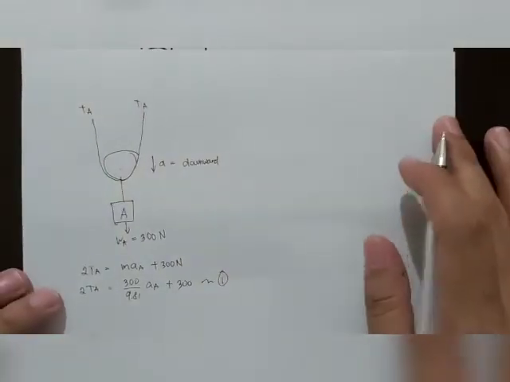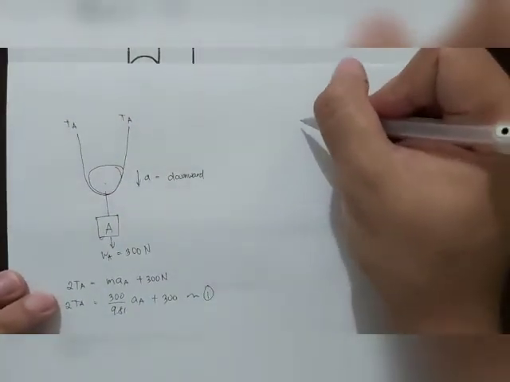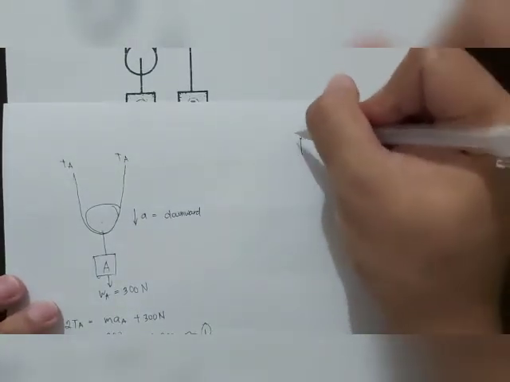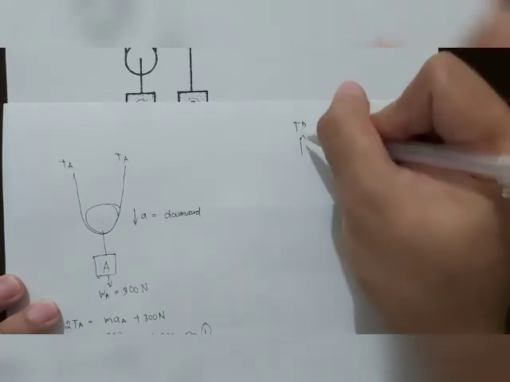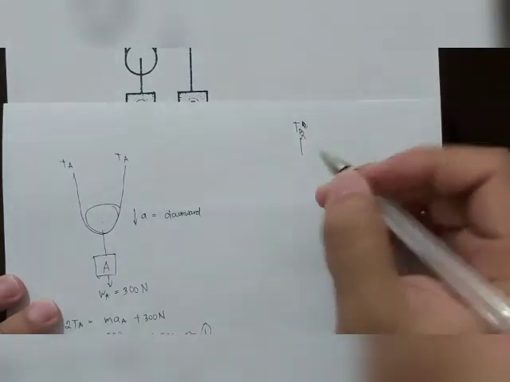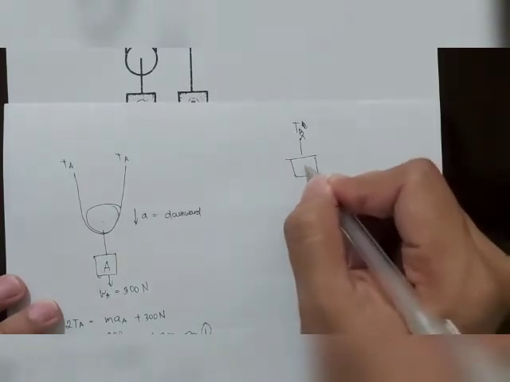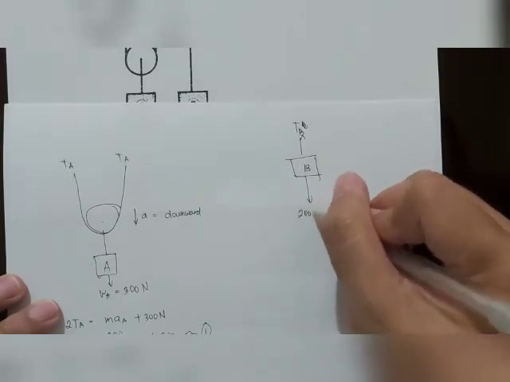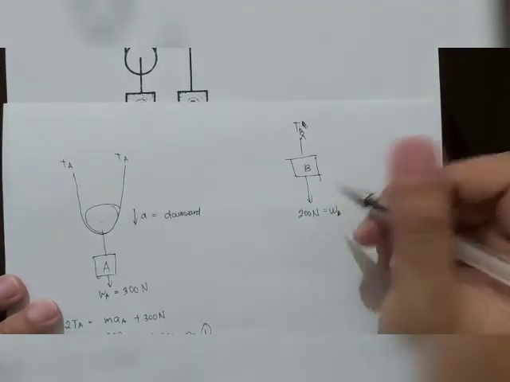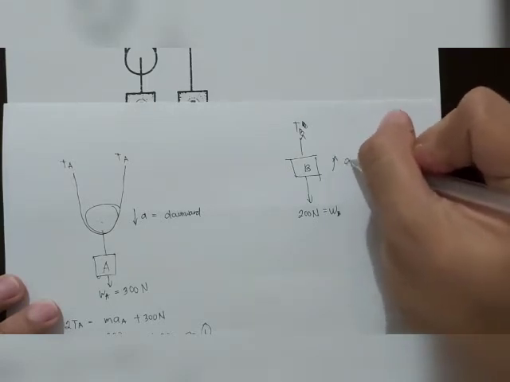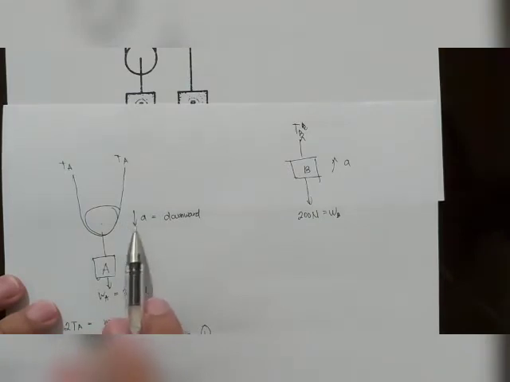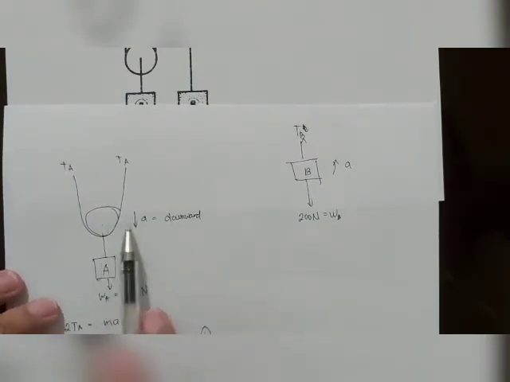So, free body diagram naman ng B natin, we have, so ito yung tension natin. So, TB, so ito yung block B natin. So, we have weight, which is 200 Newton, weight B natin. So, assume natin yung acceleration is pataas. So, dapat kasi acceleration is kabaliktaran nung or kasalungat nung unang assume natin direction kasi maganon siya.